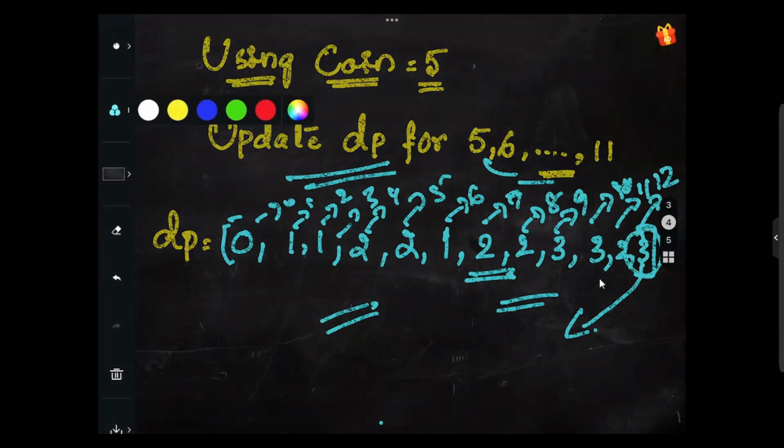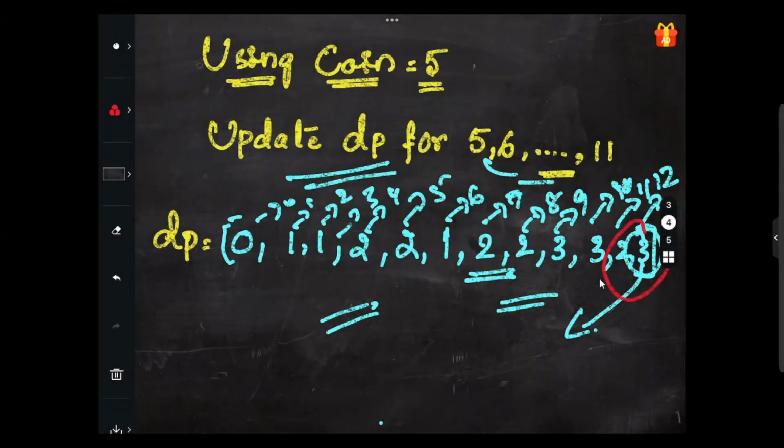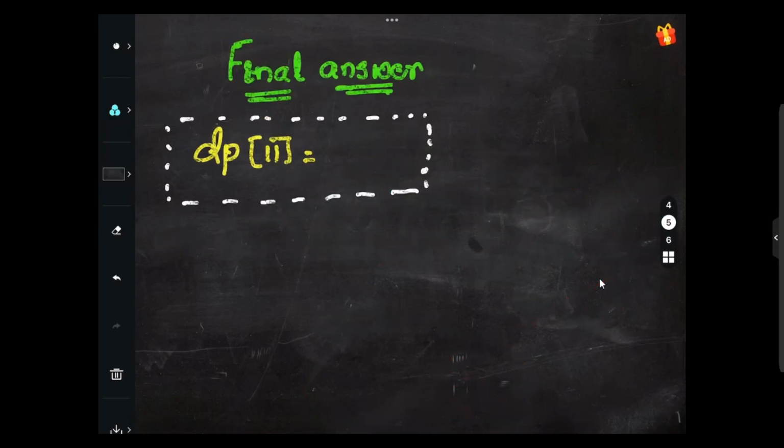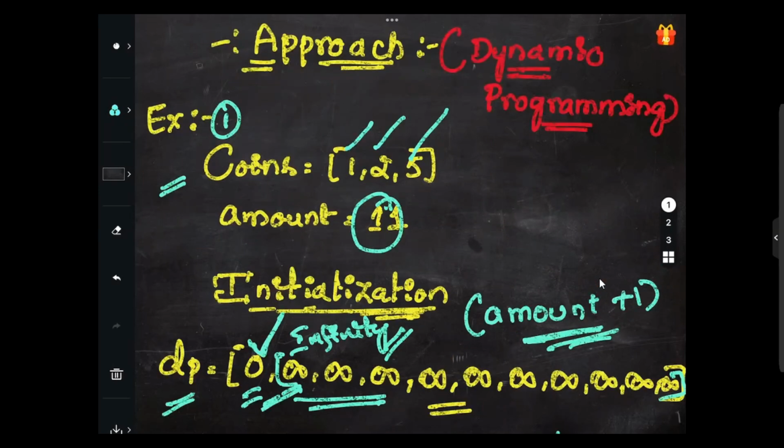You can clearly see this one, the last element, will be dp of 11. dp of 11 here we got is 3. That's what we need to return as output here. This is the same as the output they have mentioned for the first example with amount 11. So the output will be 3, right?